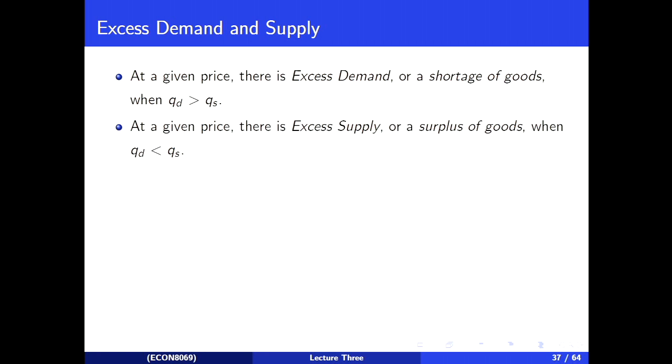We can talk about excess supply. So at a given price, at this nice high price of $5, no one really wants to buy apples because that's really expensive. So we only have 1 unit of demand. But at a price of $5, all my apple producers are really happy and want to produce lots of apples. And I've drawn this really badly.